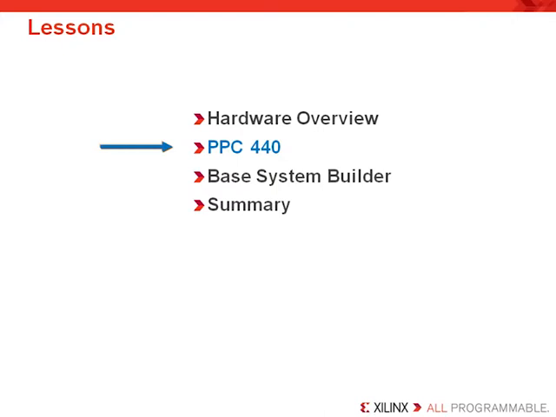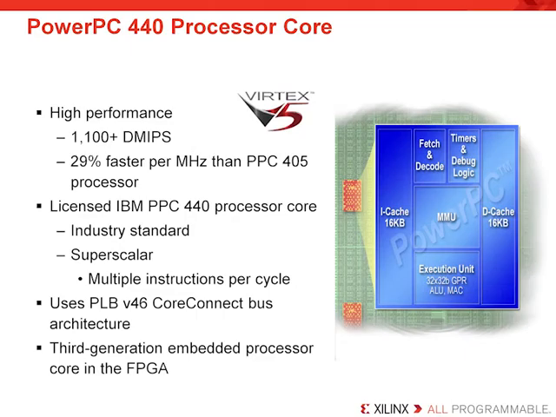Now let's take time to actually look at the PowerPC 440 processor in a bit more detail than we've covered so far. This diagram shows the PowerPC processor that is part of the Virtex 5 FXT device family. It is a newer version of the PowerPC 405 that has been part of the Virtex 4 FX family. The 440 is approximately a third faster than the 405.